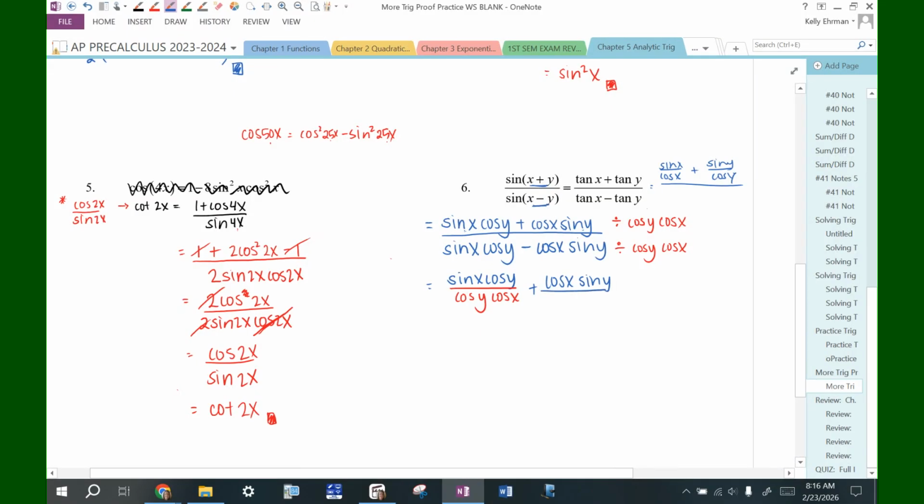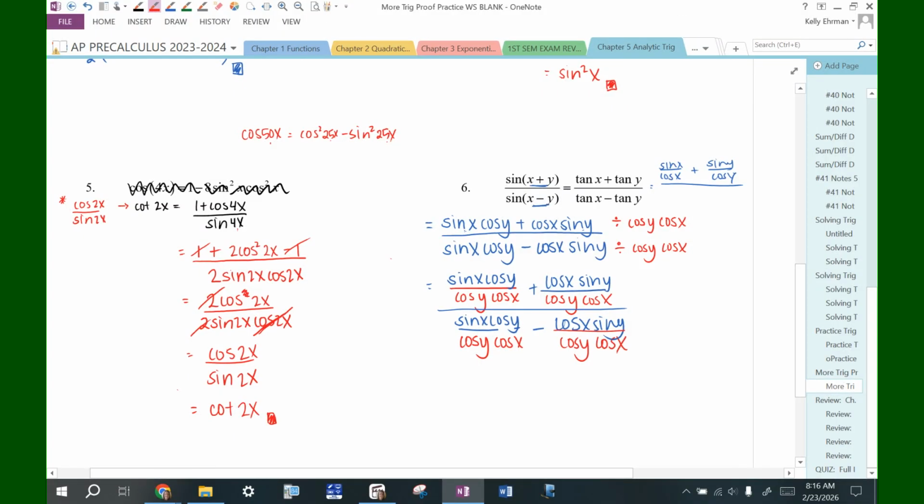But whether or not you show me this step is kind of up to you. But I'm just helping you visualize it. If you're watching this video, you might be doing it because this was confusing just looking at the answer key. I'm writing all the blue stuff first. Okay, so what I did was divide everything by cosine y, cosine x. Every single term gets divided by that.